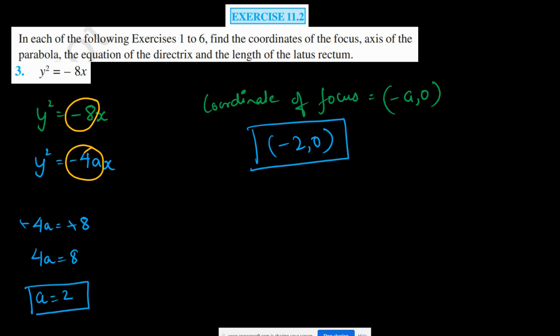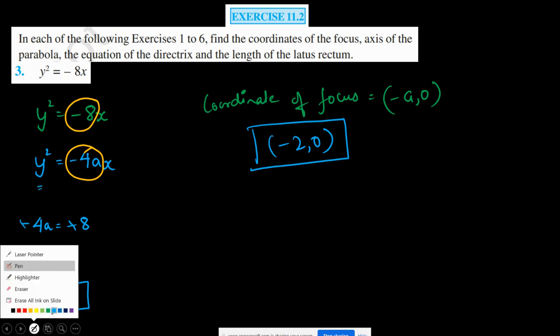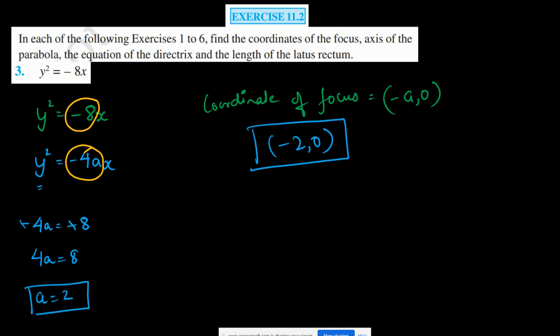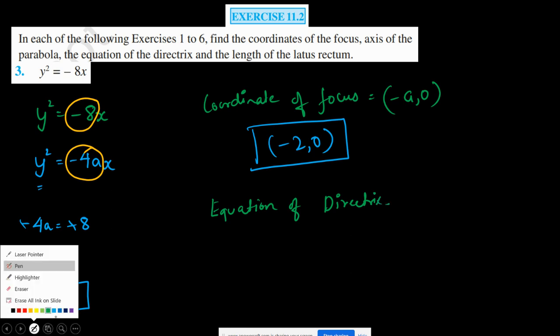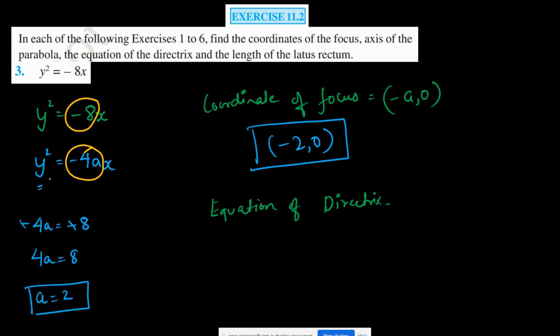Now, we have the equation of directrix. Since it is about the y-axis, my equation will be along x, right? Here it is about y square, so the equation is going to be x is equal to, and since we have a negative value, we'll be having a positive value of a.